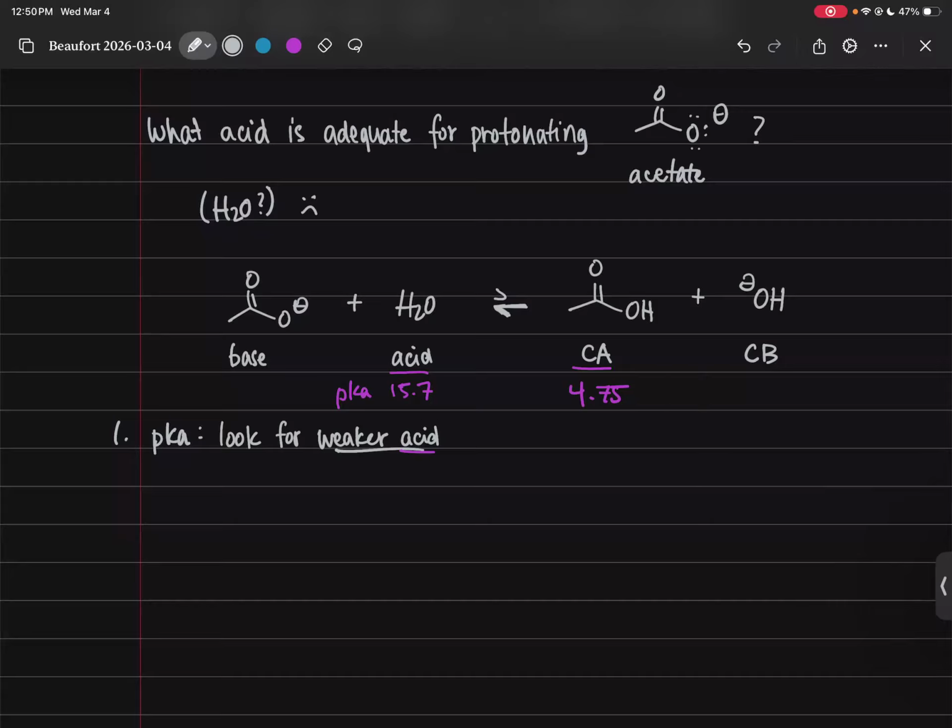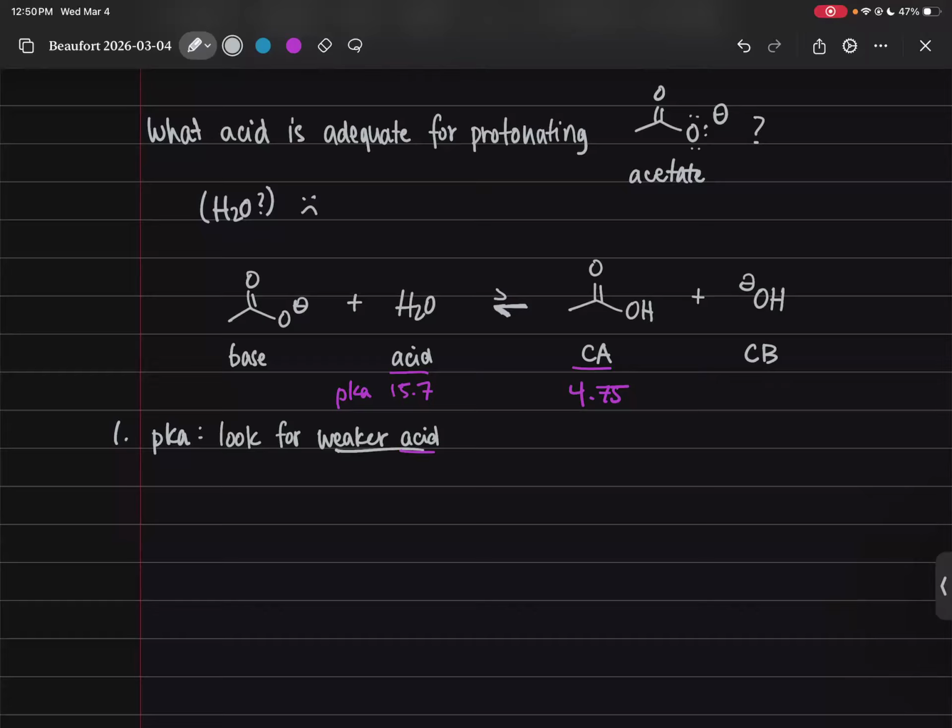But let's say that the pKa table was inconclusive, which doesn't usually happen. More often, you'll look on the pKa table and there won't be a molecule that looks like the molecules you're dealing with.